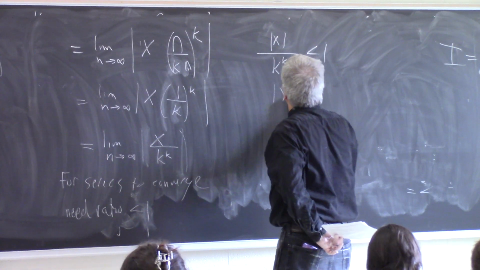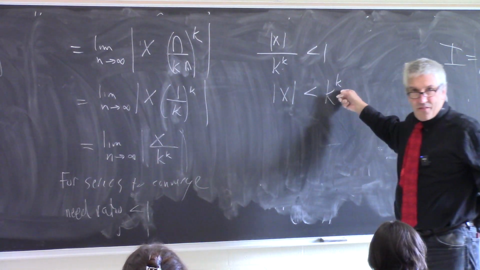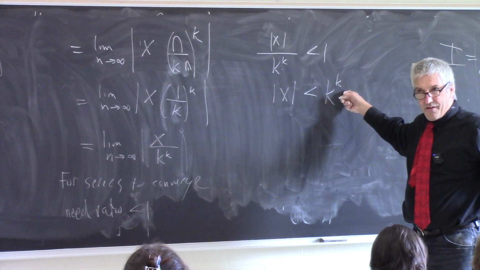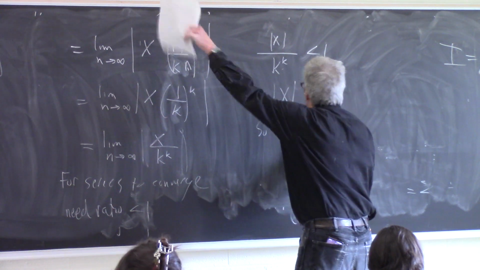So the absolute value of x has to be less than k to the k. That's our radius of convergence. R equals k to the k.